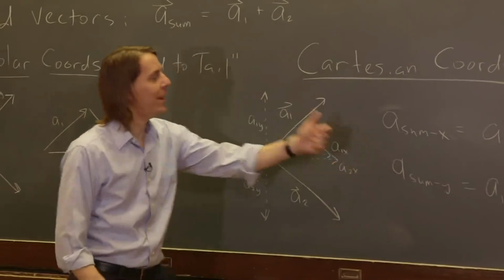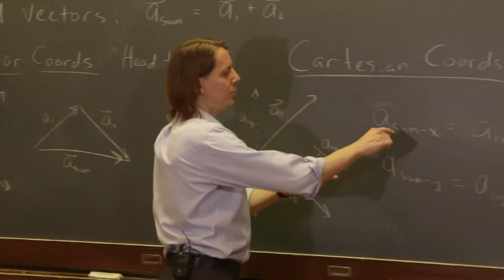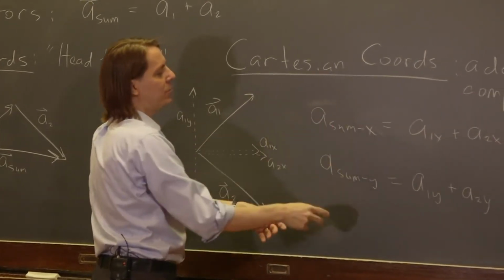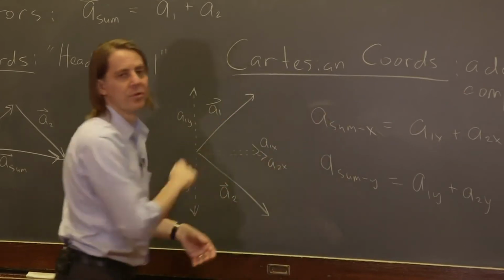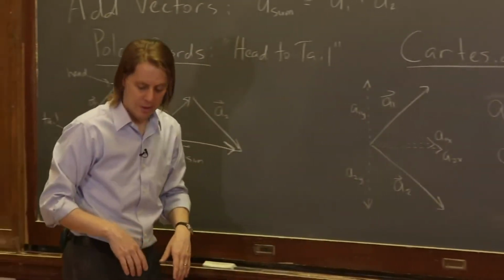And then if you wanted to go back to polar coordinates, you could. You would just have to do the square root of this squared plus this squared for the magnitude, and the angle is the inverse tangent of this over this. But really in Cartesian, we just need the two coordinates, and then we have the vector.